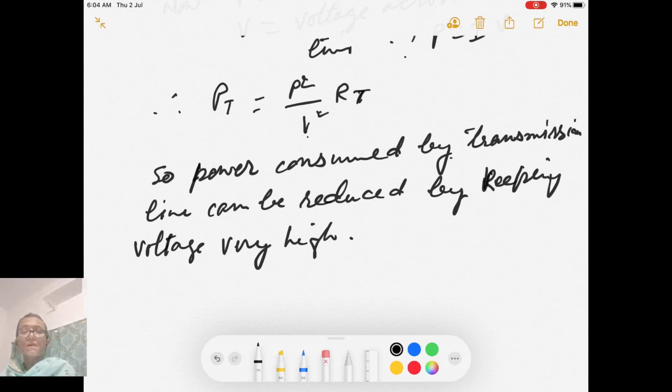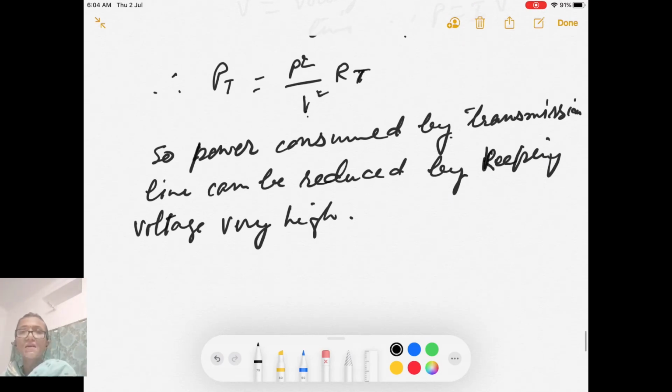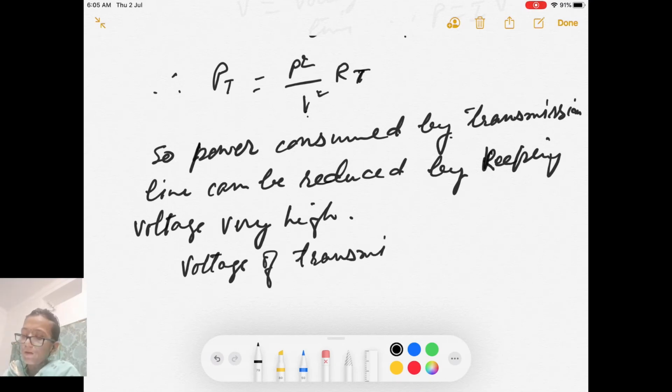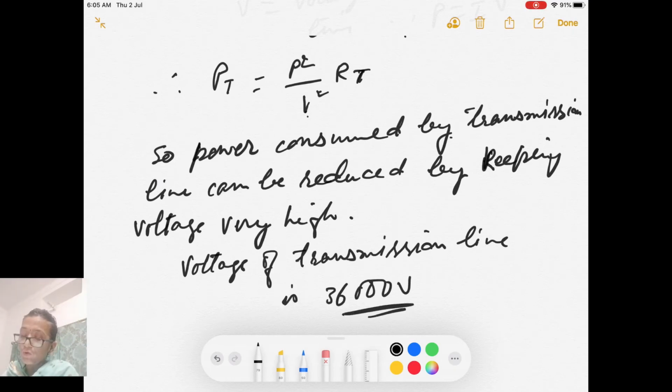So we have 36,000 volt in transmission lines and they are very risky. Always there is some caution mentioned on some plate. So the voltage of transmission line is 36,000 volt, of this order.